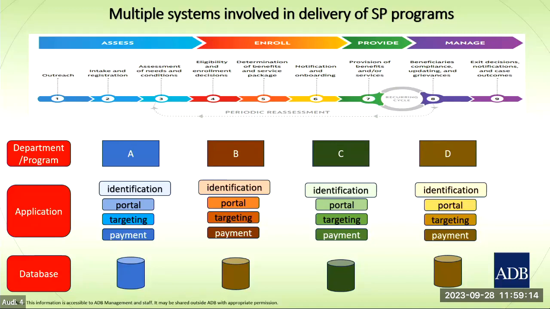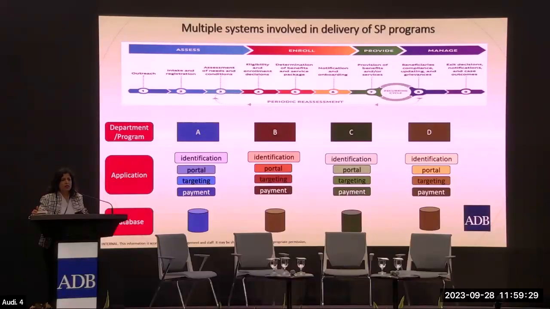And how did governments or programs develop these systems? In silos. Each program had its own database, its own identification system, payment system, targeting mechanism, and these silos led to a lot of wastage of time and money in developing them and maintaining them.